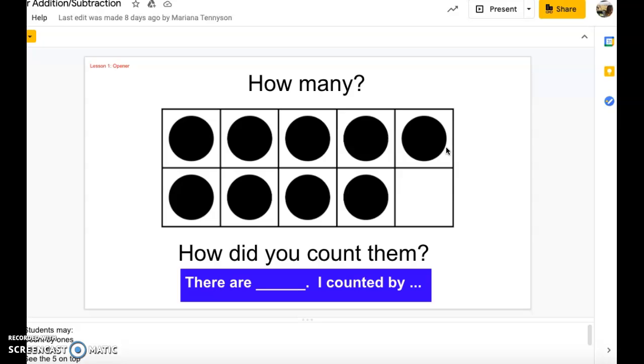Did you count by twos and then add 1? Great. Did you say 5, 6, 7, 8, 9? Awesome. Did anybody look at this and know it was 10 and just go 10 minus 1 is 9? Excellent. There are so many different ways to count, but there are 9.